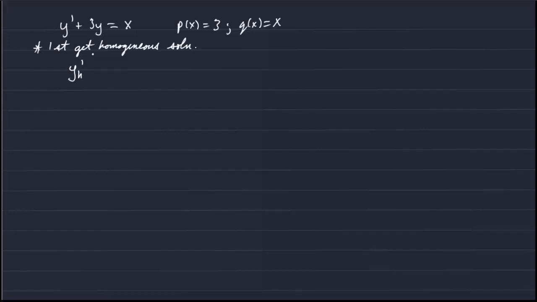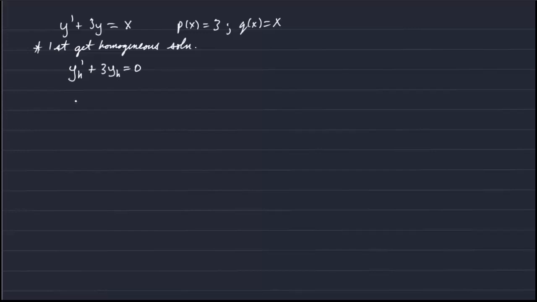So we substitute y sub h into this equation with the right-hand side equaling 0. So we get y sub h prime plus 3 y sub h is equal to 0. And I'm going to walk through one more time how to get the solution.